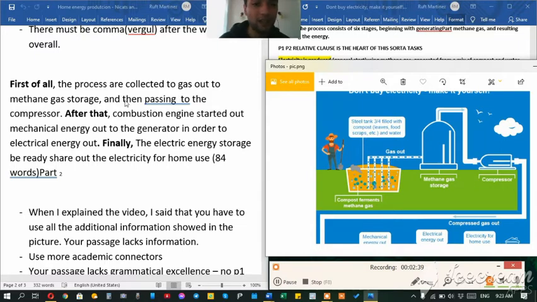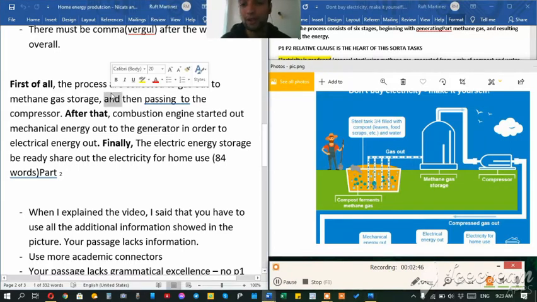I haven't seen any word about still tank or any word about compost and water. You haven't mentioned that. You do not mention any information given to you in the picture, which means that you are not able to express your thoughts. You're not able to convert the picture into sentences.